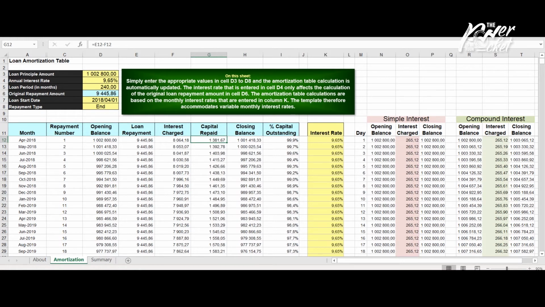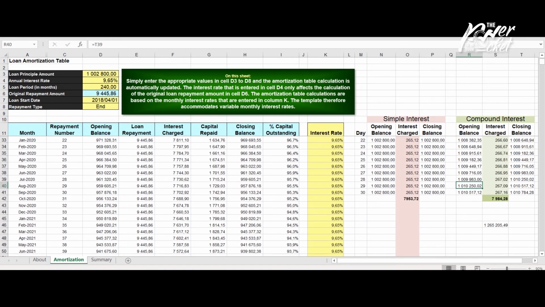So the idea is for you to pay earlier, sooner rather than later. So as you can see, the interest charged increased daily, and it's added daily.